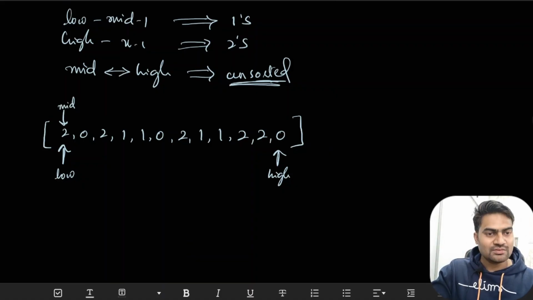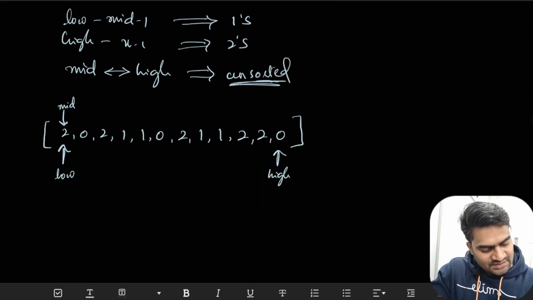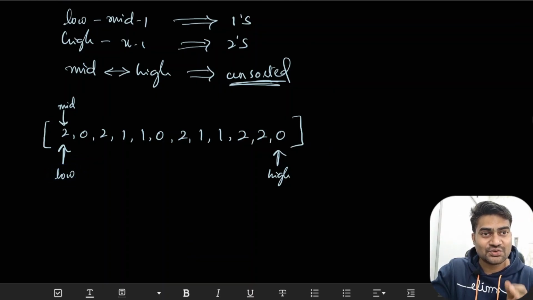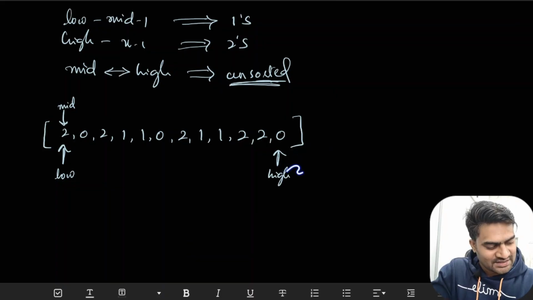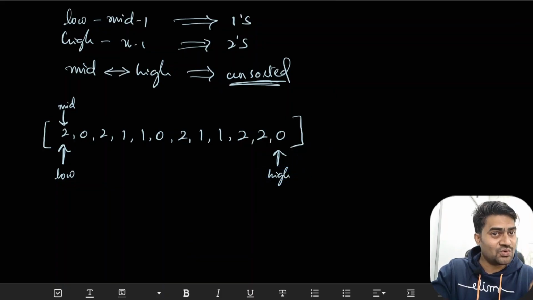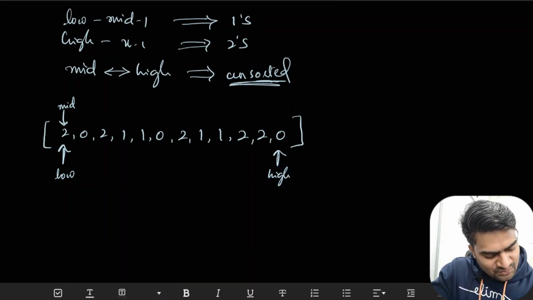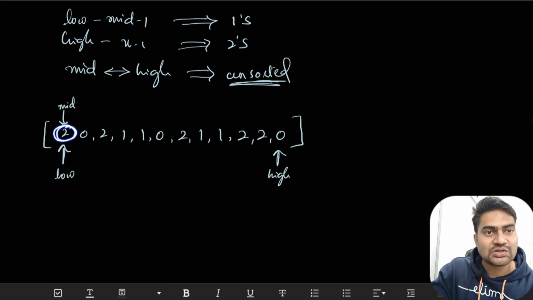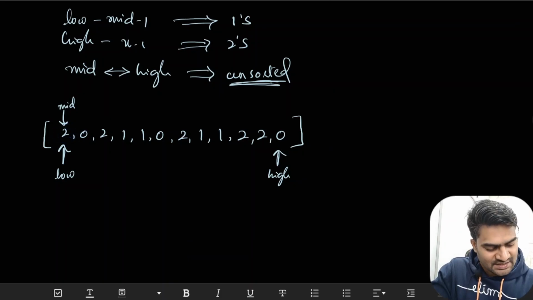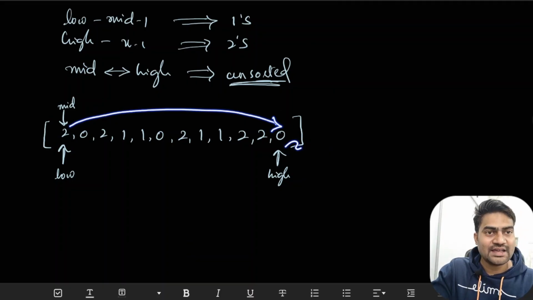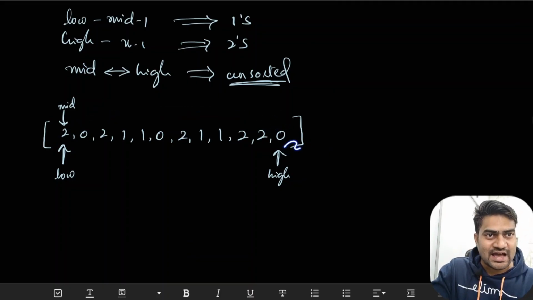Now what we understood, this pointer points to the index where our 0 should come and sit, correct, right? This is the pointer where our 2 goes and sits. Now if you see, we get 2. Our mid is pointing at 2 because this is the first element it is trying to process. Since I have gotten 2, I will simply swap it with the element at the high pointer.